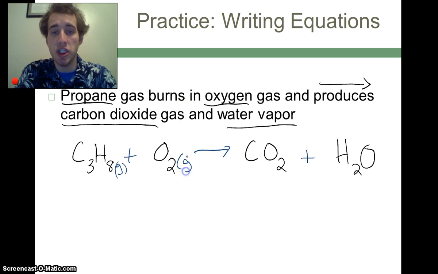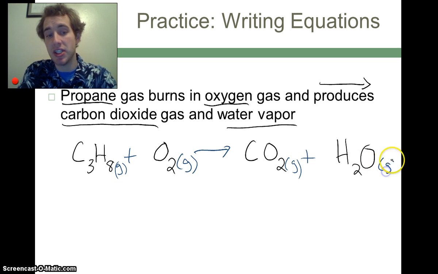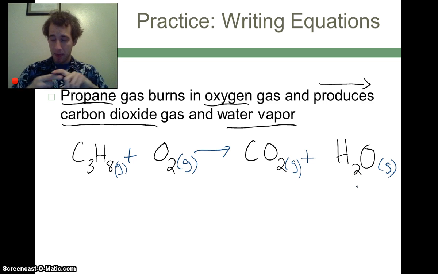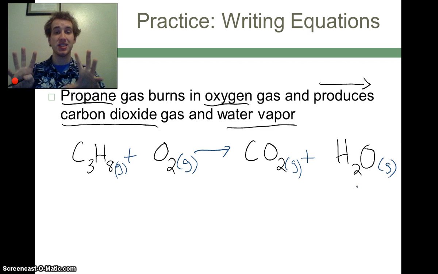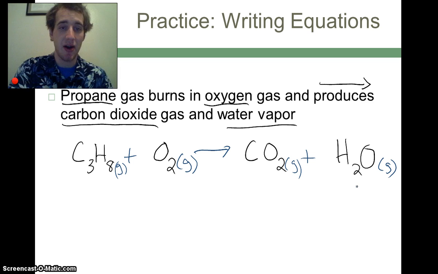There's another G. To make carbon dioxide gas, cool, another G. And water vapor. Vapor as in a gas, as in steam, gets a G as well. All right, the very last thing, we got step one, write your viable compound. Step two, put in your state symbols, assemble the reaction. Step three being balance. So let's go ahead and let's balance this.